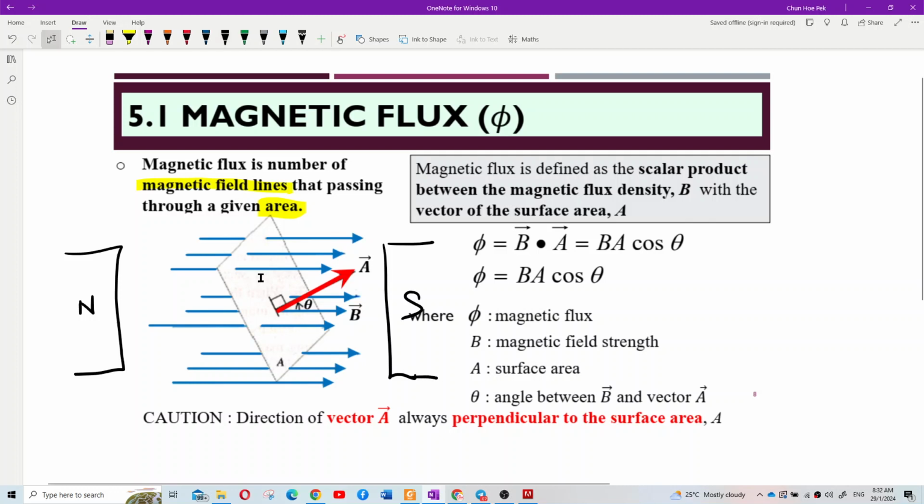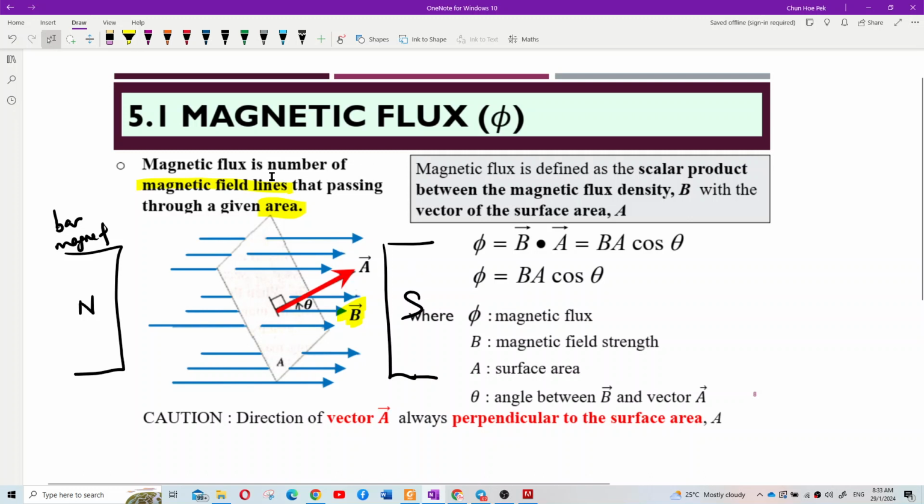It's just a bar magnet. B is the symbol of magnetic field. Magnetic field always comes out from north and goes to the south.